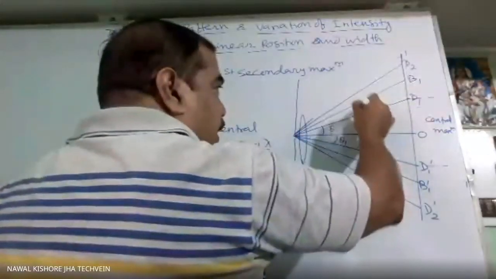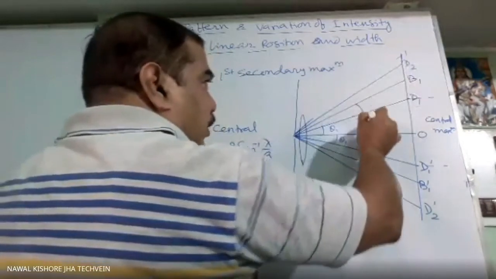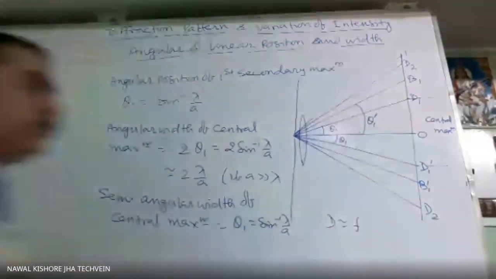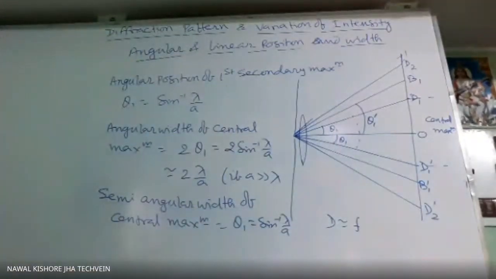So we have to find from here to here. We write theta 1 for dark, and suppose for bright we take theta 1 dash. What will be the condition?